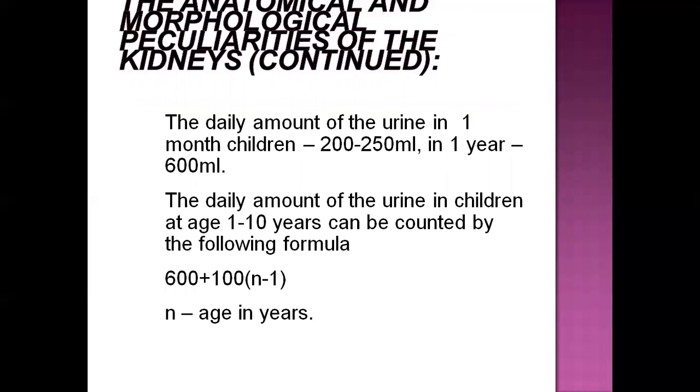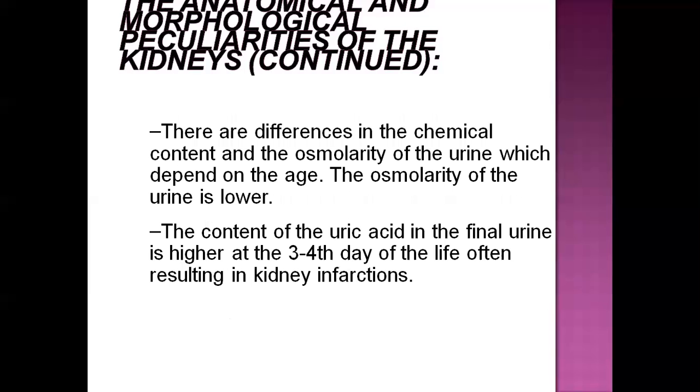The daily amount of urine in a 1-month-old child is 200 to 250 ml, and at 1 year is 600 ml. The daily amount of urine in children at the age of 1 to 10 years can be calculated by the following formula: 600 plus 100 times (n minus 1), where n is the age in years. There is a difference in the chemical content and osmolarity of the urine, which depends on the age.